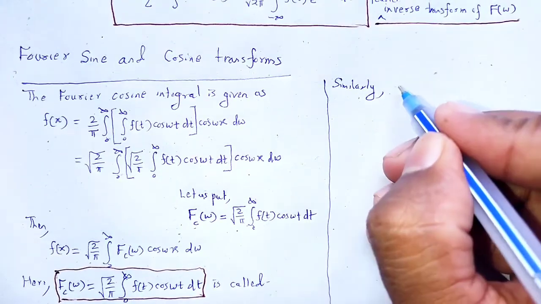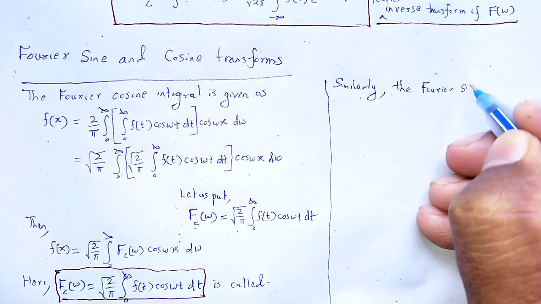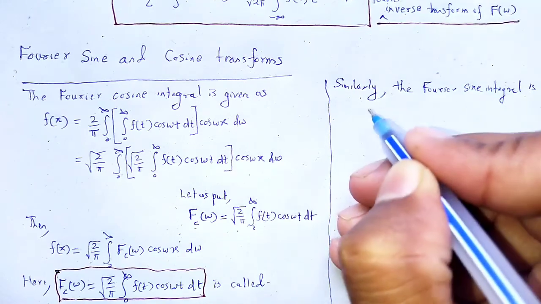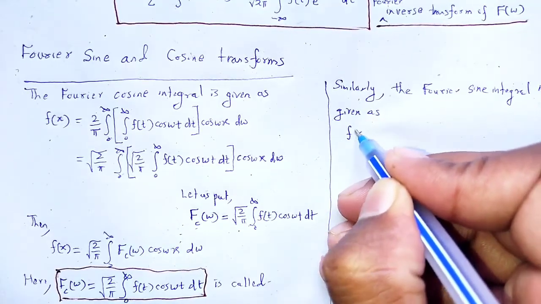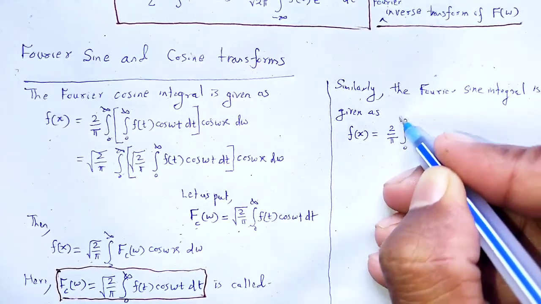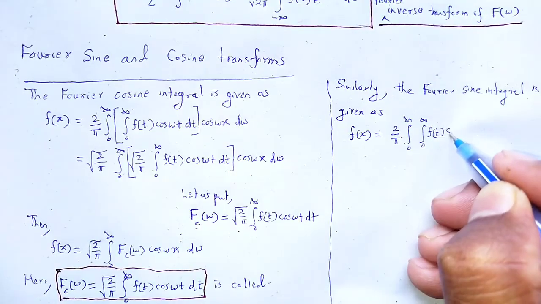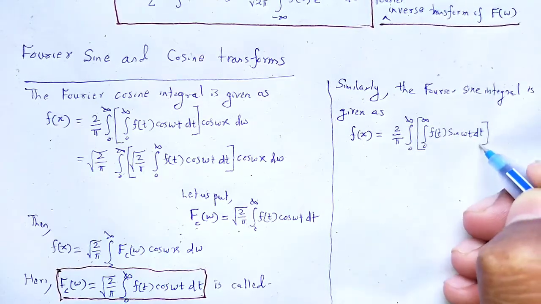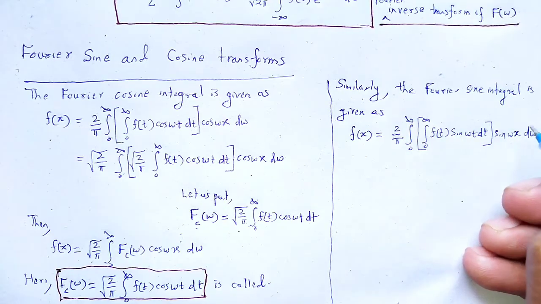the Fourier sine integral is given as the function f of x, which is equal to 2 by pi integration over 0 to infinity, integration over 0 to infinity f of t sine omega t dt sine omega x d omega.